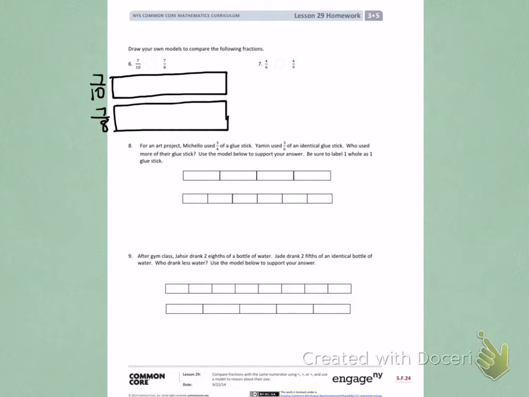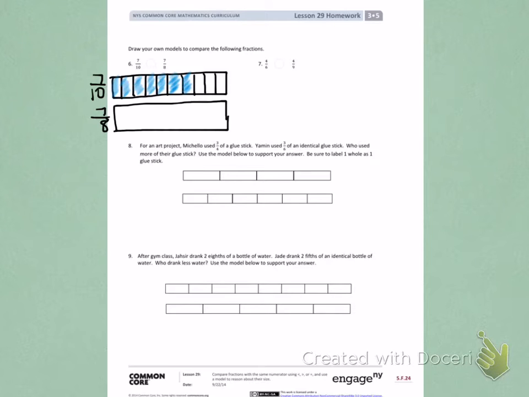I'm going to partition 7/10 first, so I'm going to first partition into fifths by drawing 4 lines. Then I'm going to break each of those in half to create my tenths, and then I will shade 1/10, 2/10, 3/10, 4/10, 5/10, 6/10, 7/10.